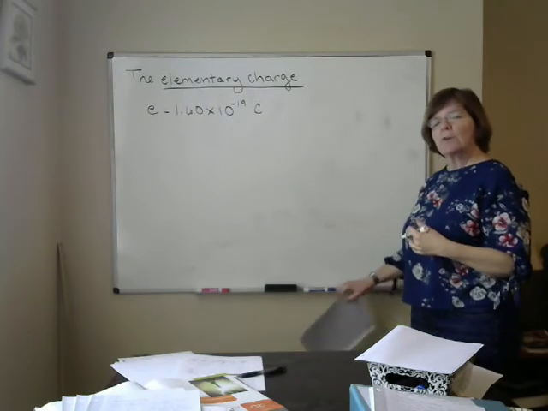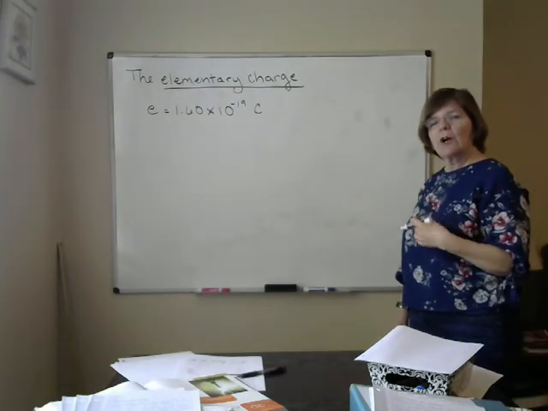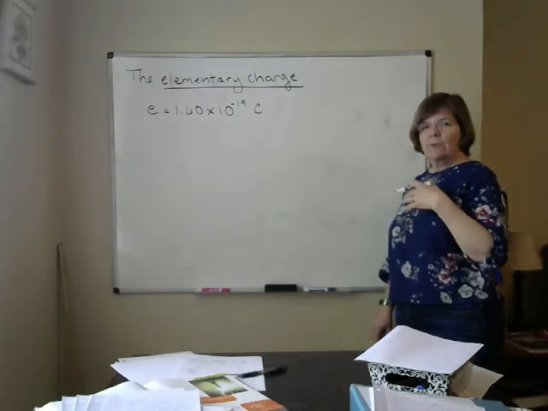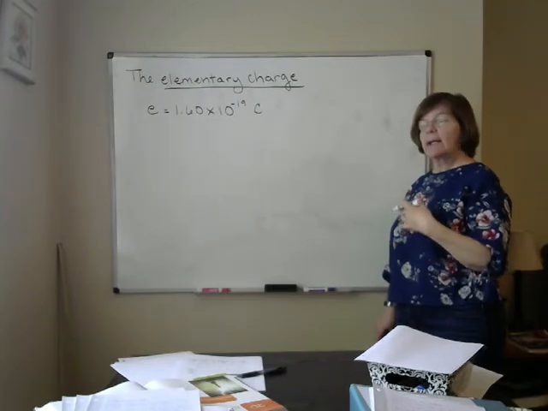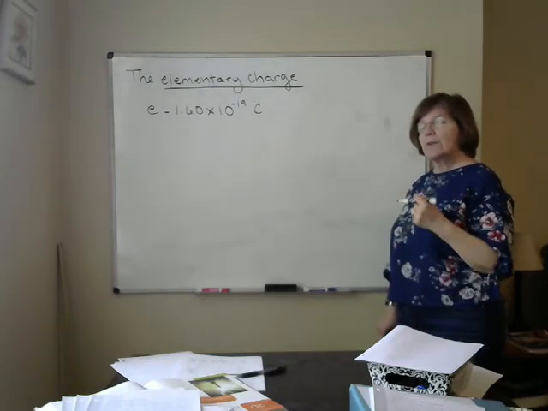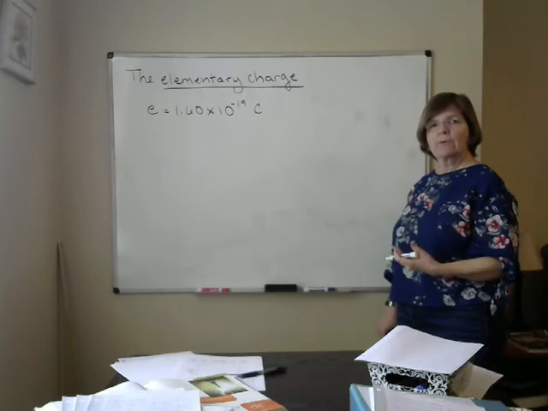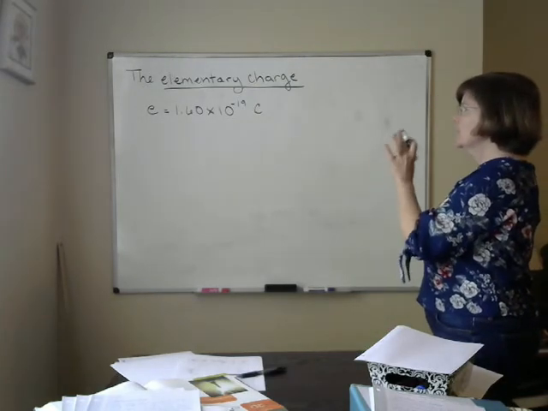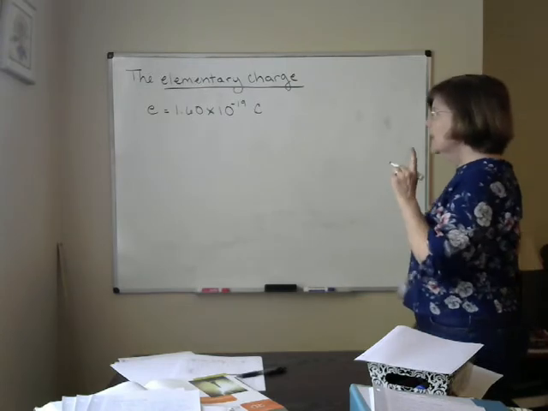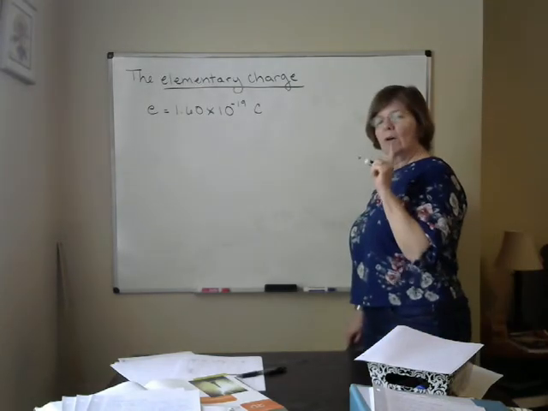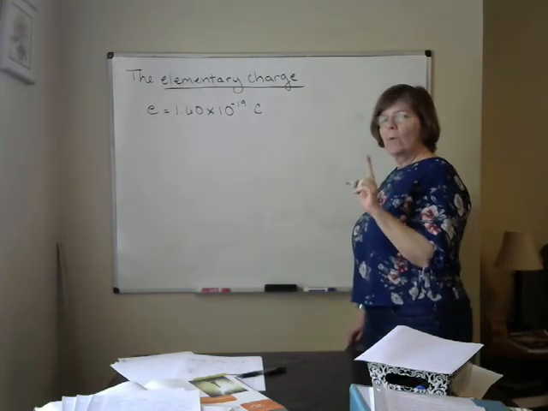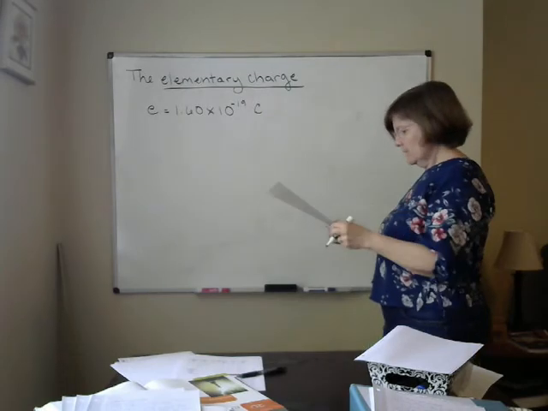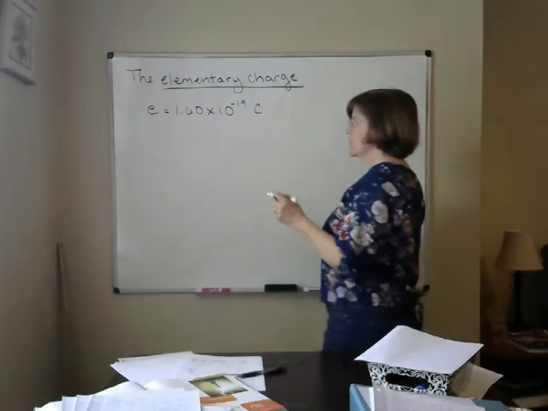Most of the time when we talk about electric charge, we're going to talk about quantities that are in the range of millicoulombs, microcoulombs, or nanocoulombs. This is a very small charge, but it's really an important number because that's the charge on one proton or one electron. The only difference, of course, is that electrons are negative.